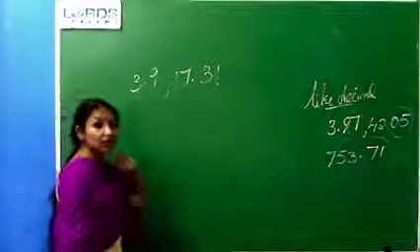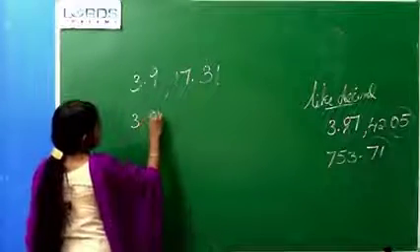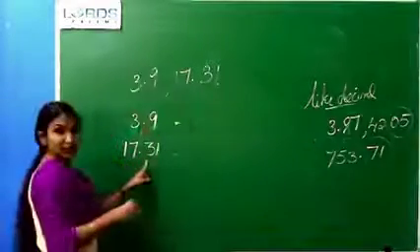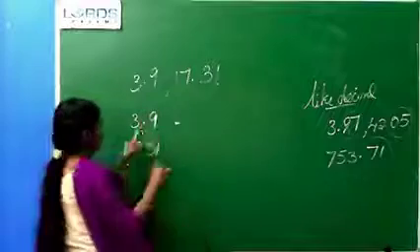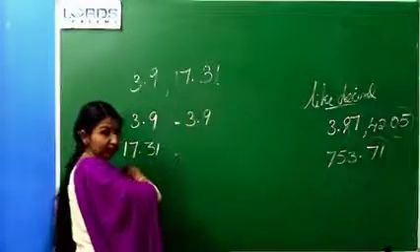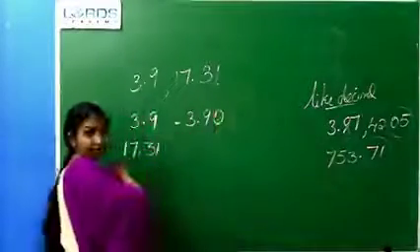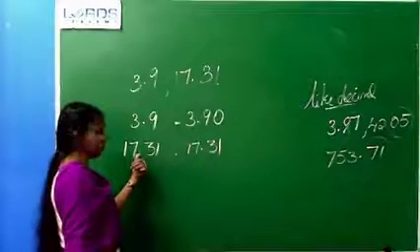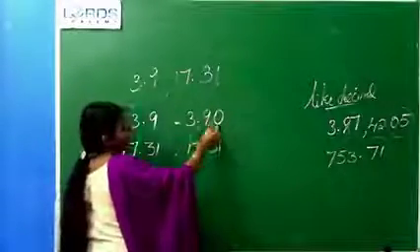So how can we convert these into like decimal numbers? The first one is 3.9 and the second one is 17.31. Which one has more decimal places? This one, right? Because it has 2 digits there. So after writing 3.9, we should add a zero to equalize with this. Then it will be the same as 17.31, because after the point there are 2 digits, and here we added 1 zero, so it became 2.